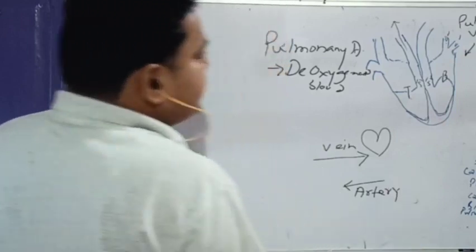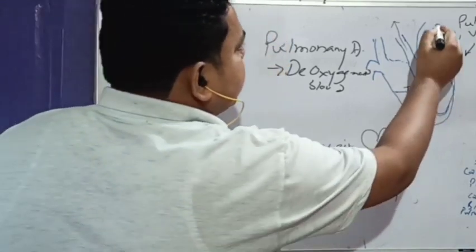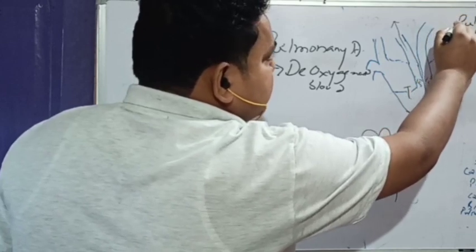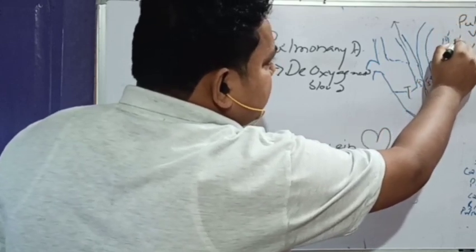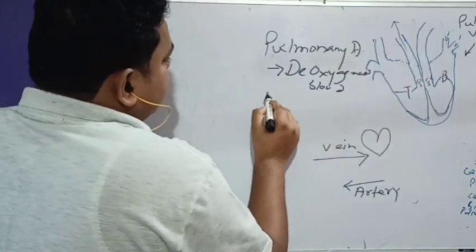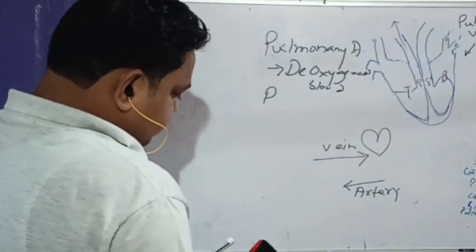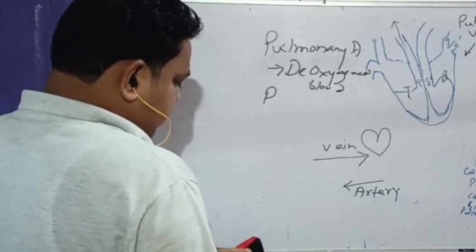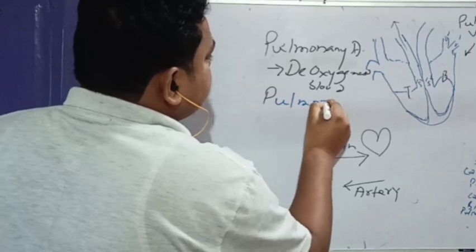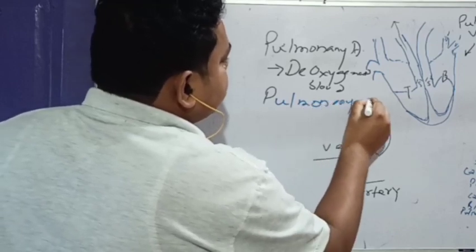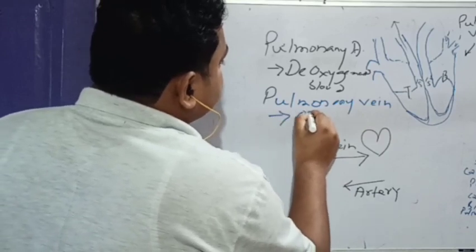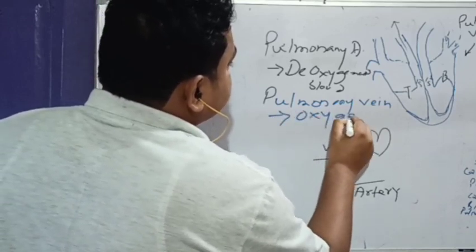So the pulmonary vein: after oxygenation in the lungs, oxygenated blood comes to the heart through the pulmonary vein. So the pulmonary vein carries what? Oxygenated blood.